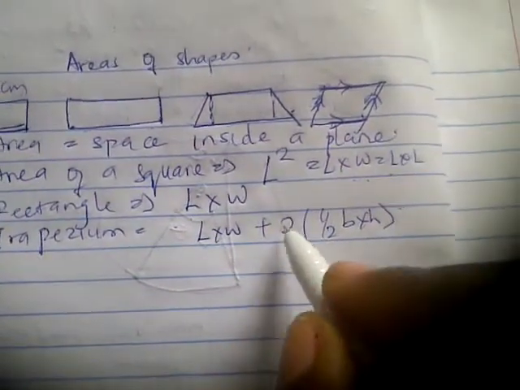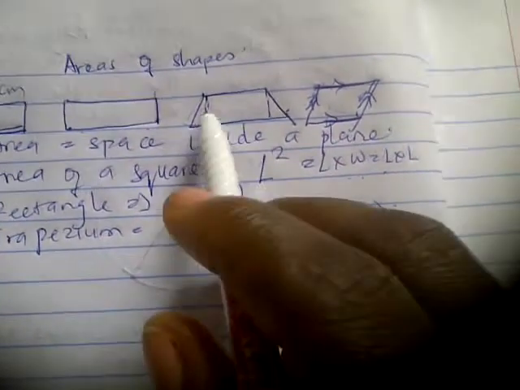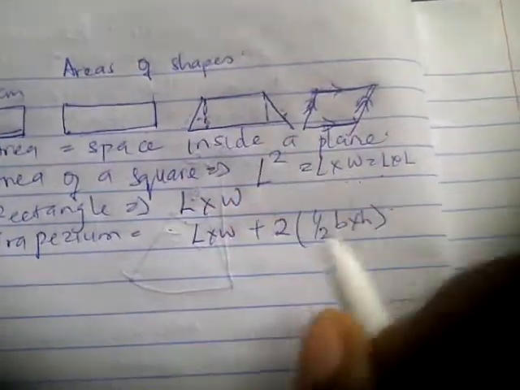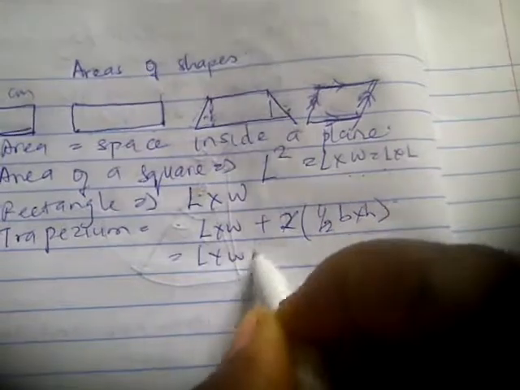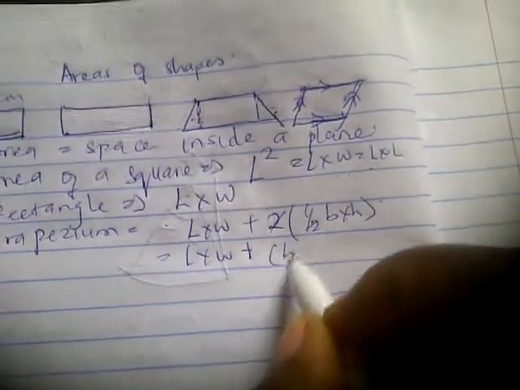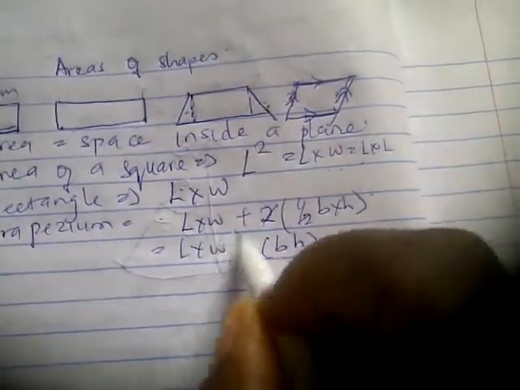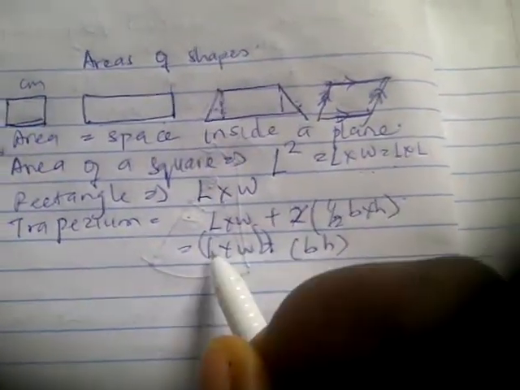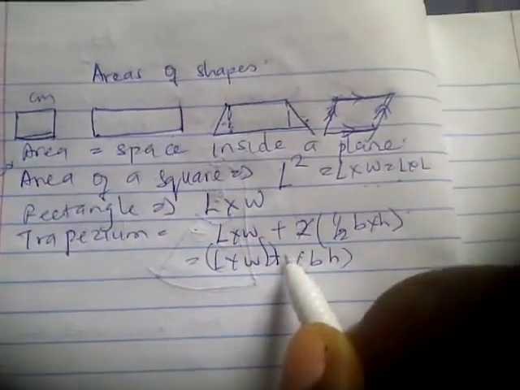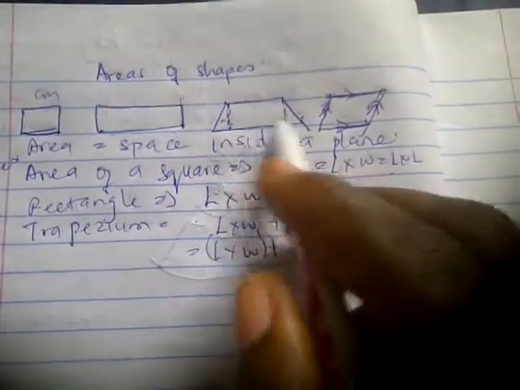Now I'm writing 2 because I have 2 of the triangles. So if this cancels out this, you have length times width plus base times height. Now this is basically how you would have gotten the area of this trapezium.